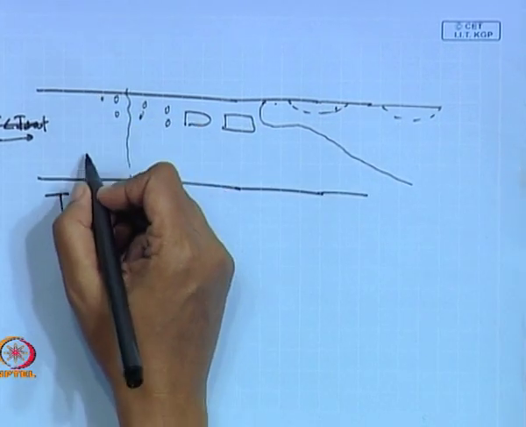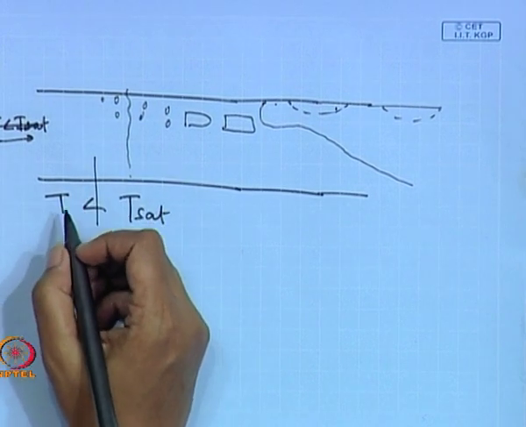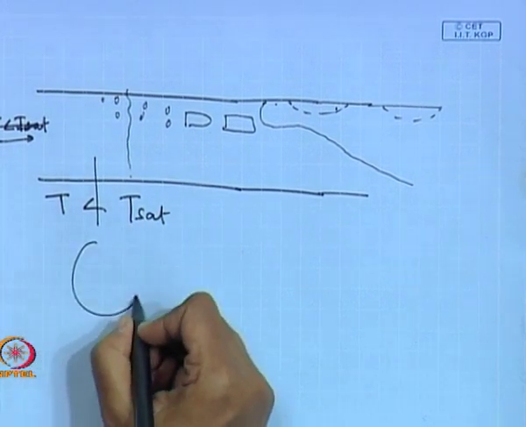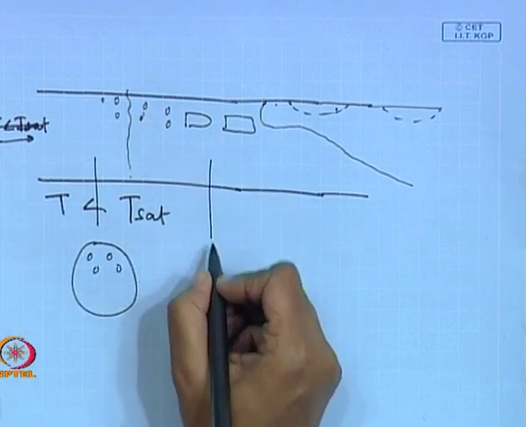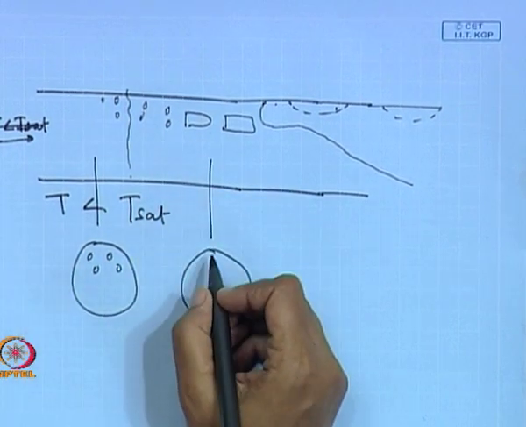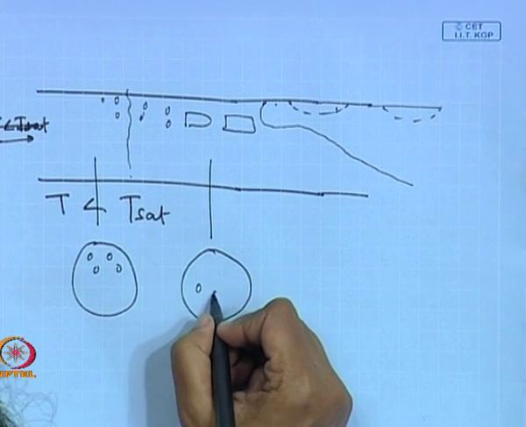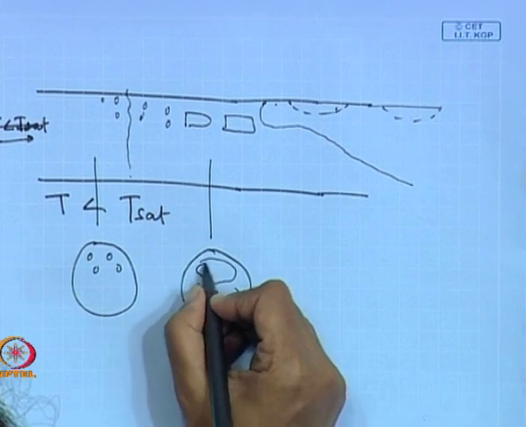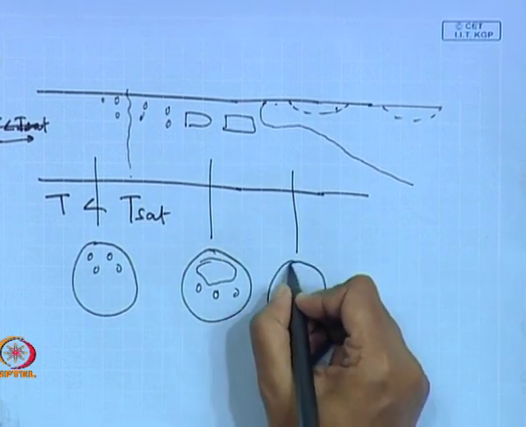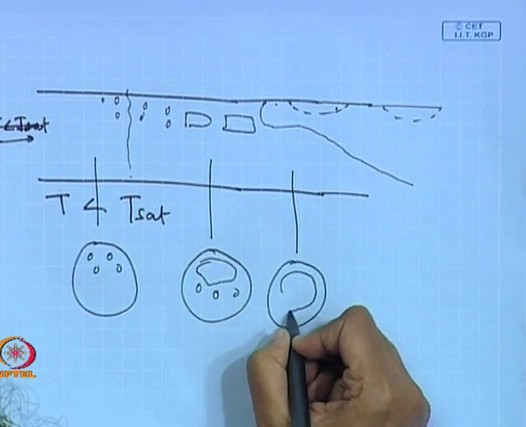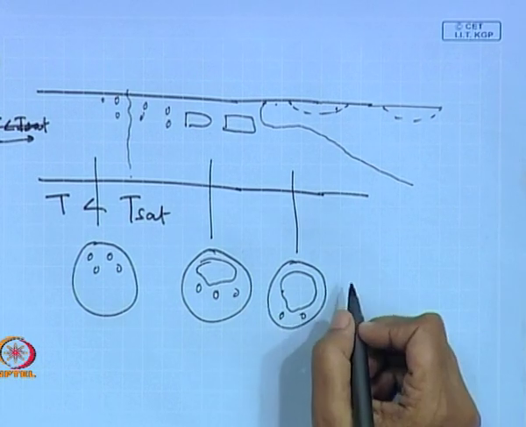If we take up the cross sectional views of these cases, here the cross sectional view will be something of this sort. Then gradually we keep on observing the cross sectional views, it will be something of this sort. Then again, if we take a cross sectional view, the bubble will be larger and there will be smaller such bubbles.